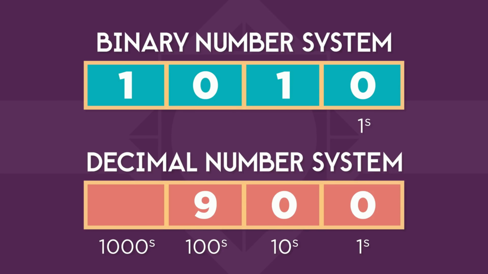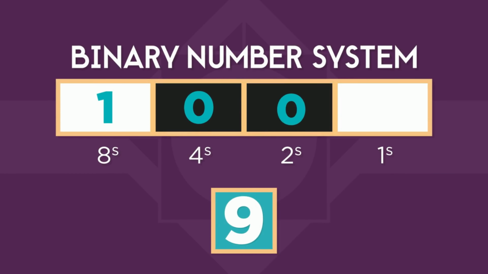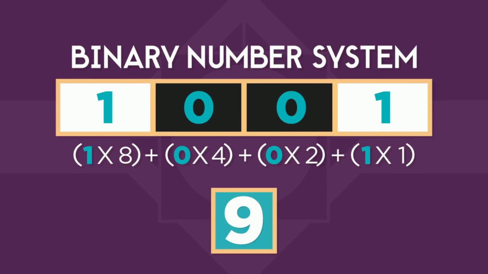So there's the 1's position, the 2's position, the 4's position, the 8's position, and so on. For example, the number 9 in binary is 1, 0, 0, 1. To calculate the value, we add 1 times 8 plus 0 times 4 plus 0 times 2 plus 1 times 1. Almost nobody does this math because computers do it for us.